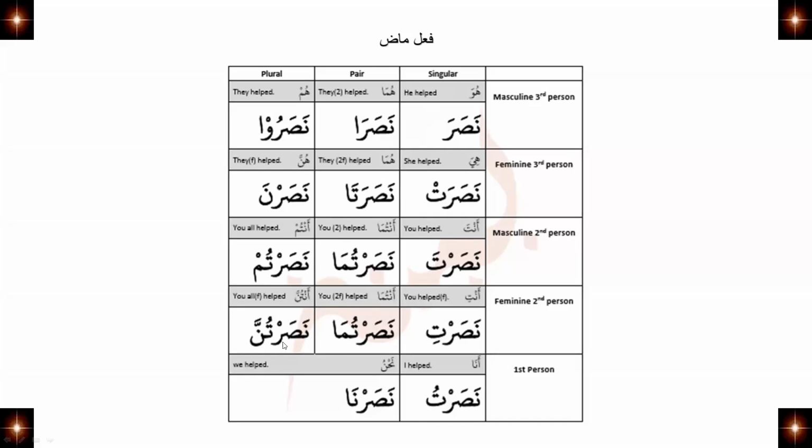The ra is having sukun. So the last root letter in fi'l maadi most of the time will have sukun. It's all for you to know that the na is for hunna, ta is for anta, tuma is for antuma, tum is for antum, ti is for anti, tunna for antunna, tu for ana, and na for nahnu.